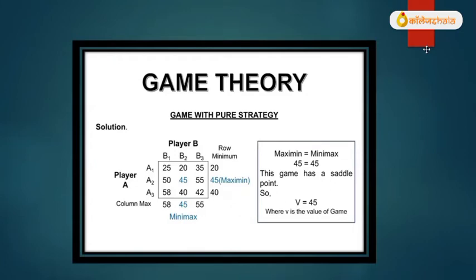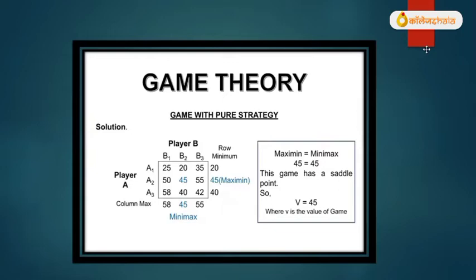What we are doing here is calculating the row minimums from the rows and column maximums from the columns. From the first row, out of 25, 20 and 35, 20 is the minimum. Similarly for the A2 row, 45 is the minimum. And similarly from A3, 40 is the minimum.